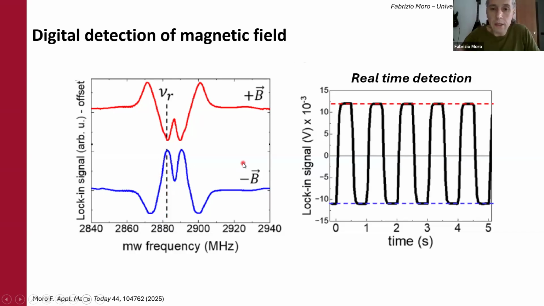If we apply a magnetic field polarity that switches alternately from positive to negative, like a square wave signal, then we obtain a lock-in signal that changes according to the switching magnetic field polarity. And so this opens the possibility to detect, for instance, digital information in magnetic hard disks based on, let's say, molecular magnets, or new spin textures in topological magnets.